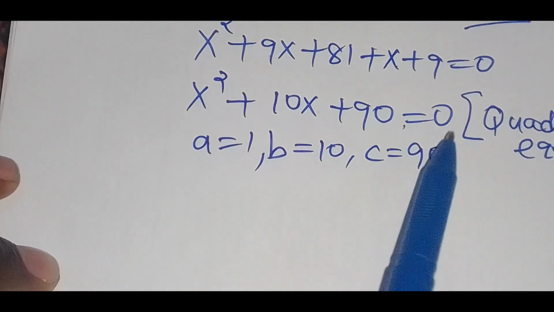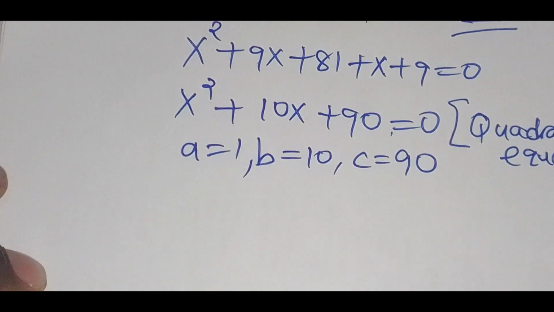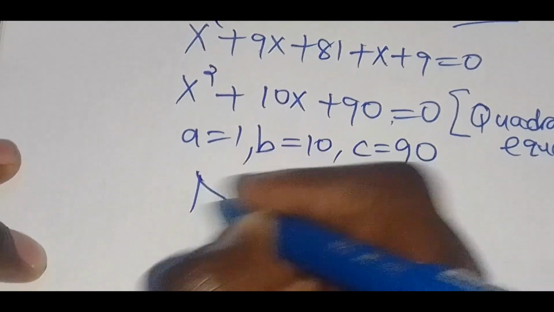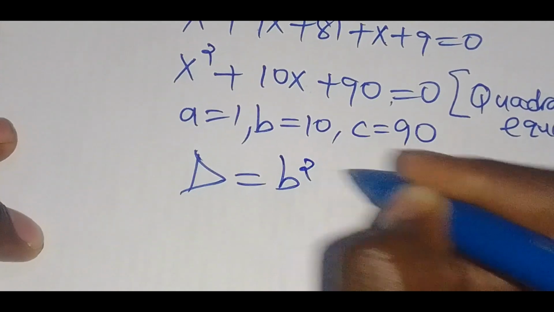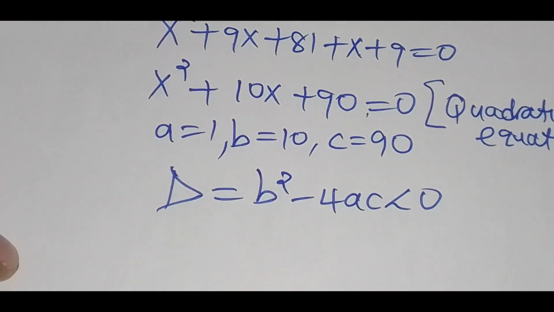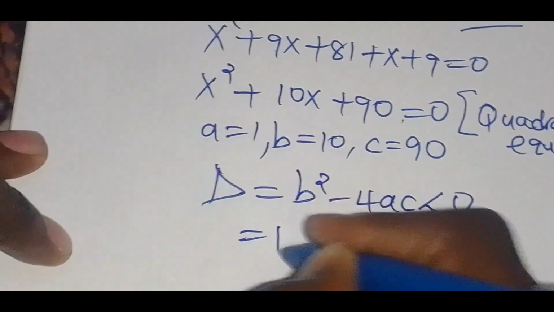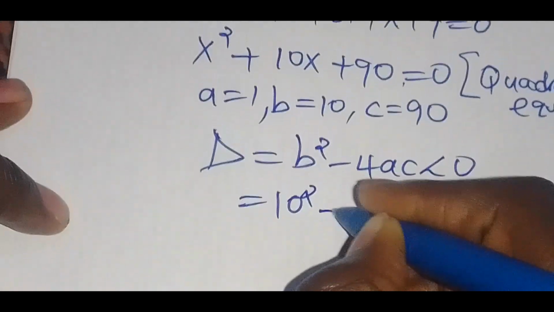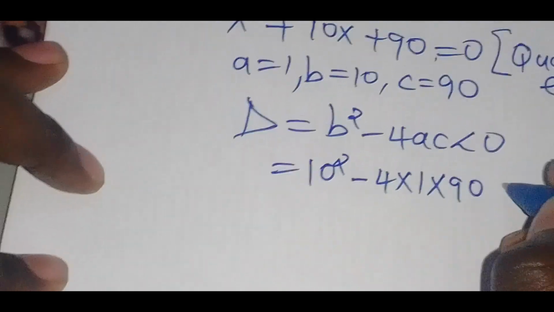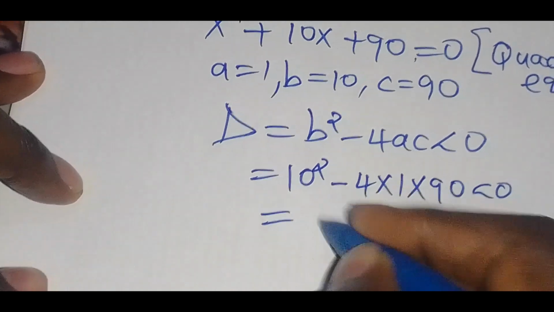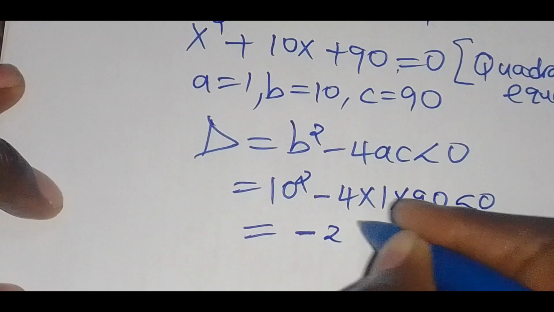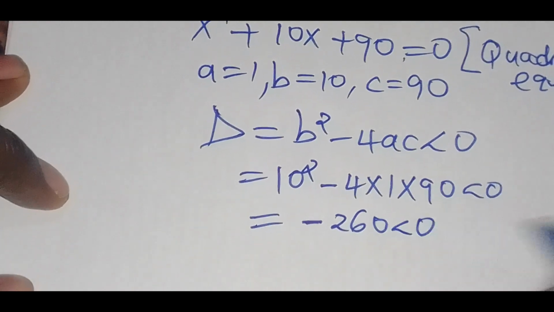This quadratic equation has a discriminant value less than 0. The discriminant is expressed as b squared minus 4ac, so we'll have 10 squared minus 4 times 1 times 90, which is minus 260, less than 0.